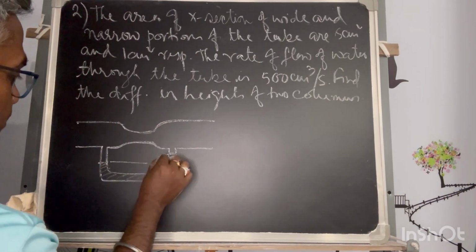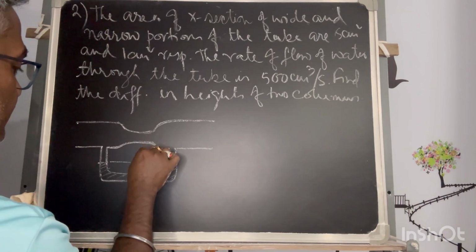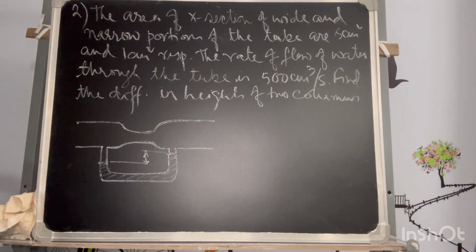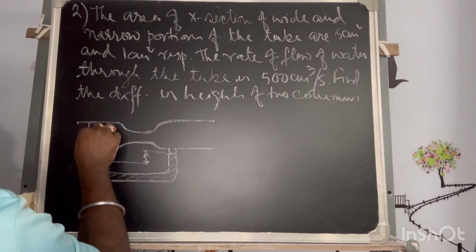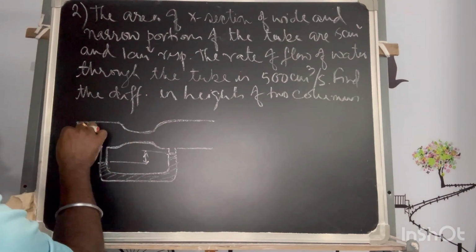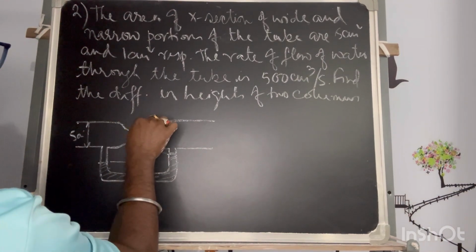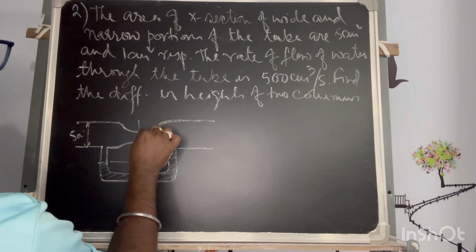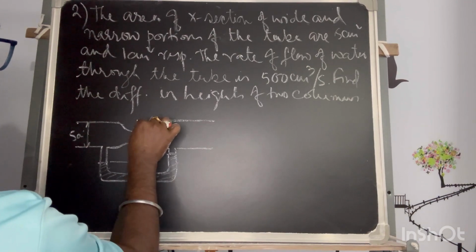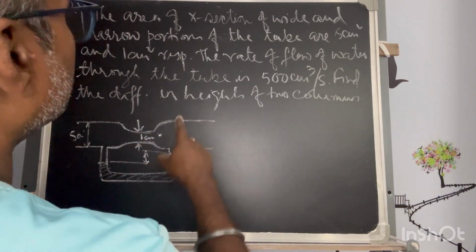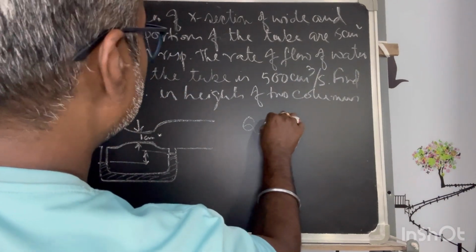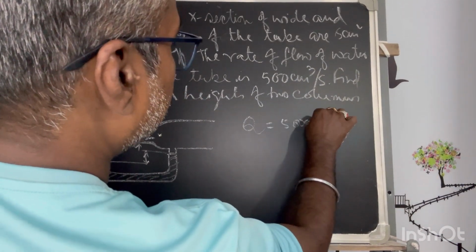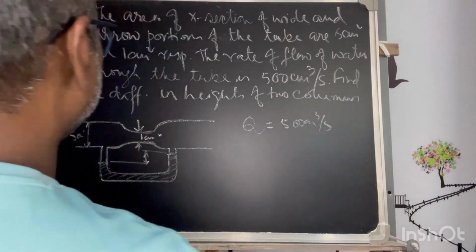So this height difference can be measured, and now in this case it is given, the wider portion and the narrower portion: the cross section here is 5 cm square, and there it is 1 cm square. The rate of flow given is 500 centimeter cube per second.